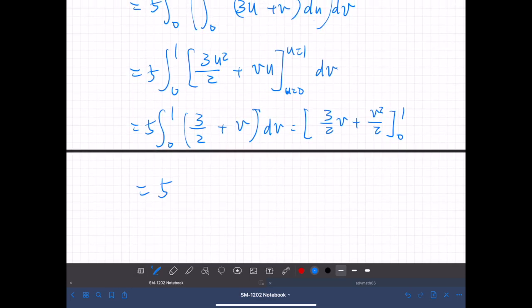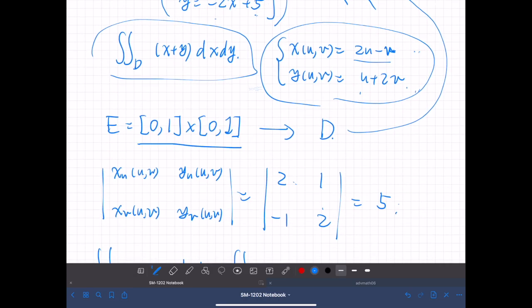And let's see, so 3 over 2 and 1 over 2. So that is 4 over 2, that is 2, times 5, that is 10. So that is the result.